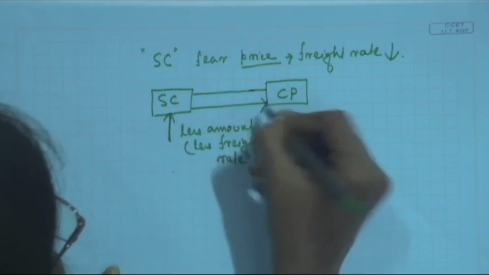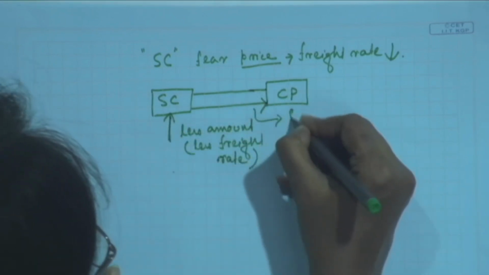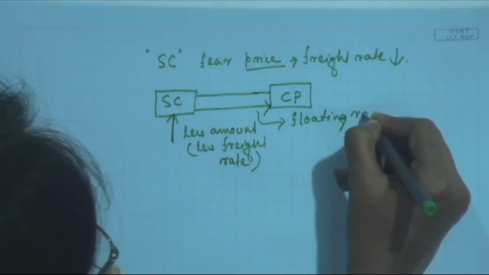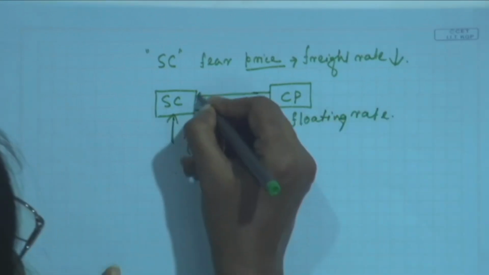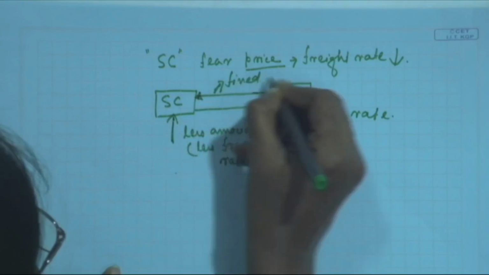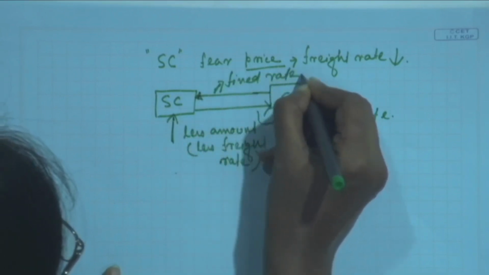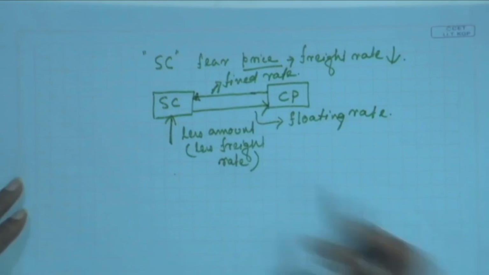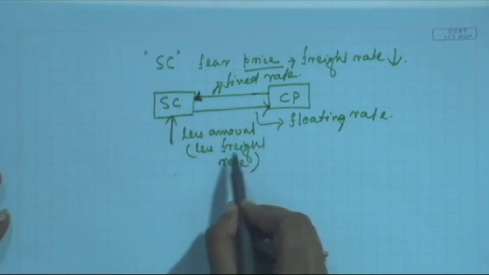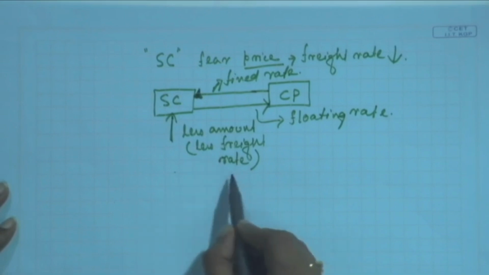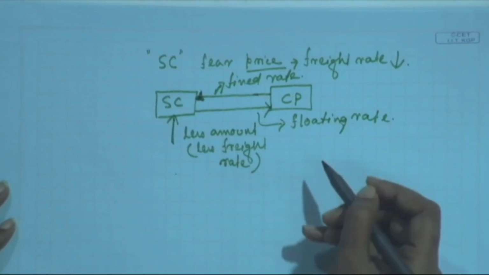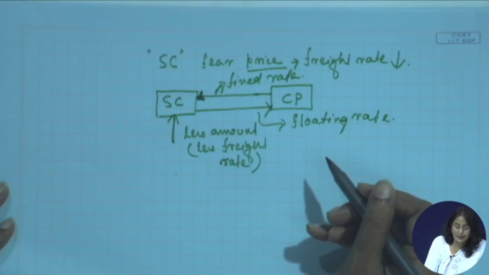SC will be paying the floating rate, and SC will receive the fixed rate from the counterparty. So let me repeat. SC's fear is that it is going to receive a smaller amount of freight rate if it does not do anything. Now how will this company be able to mitigate this risk?